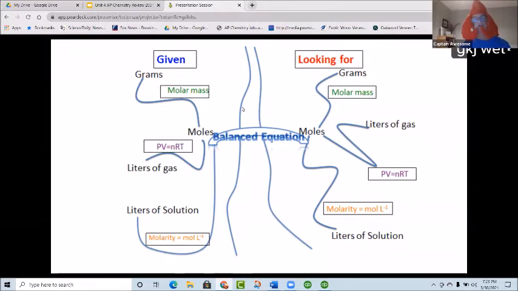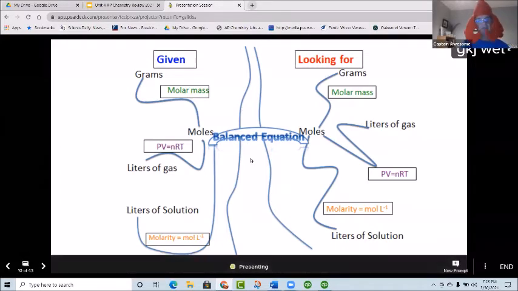And then finally, if you want to find grams, use molar mass. If you want to find a solution, then use that molarity equation, right? But stoichiometry is always on the AP exam, and that's a skill that you probably learned in Chemistry 1, and I just want you to make sure you have that skill with you for the AP exam.